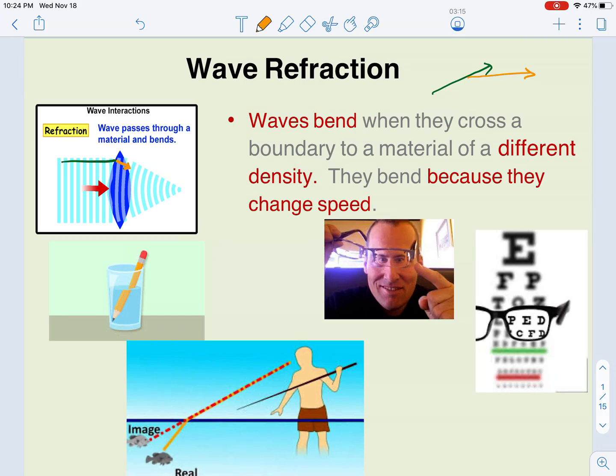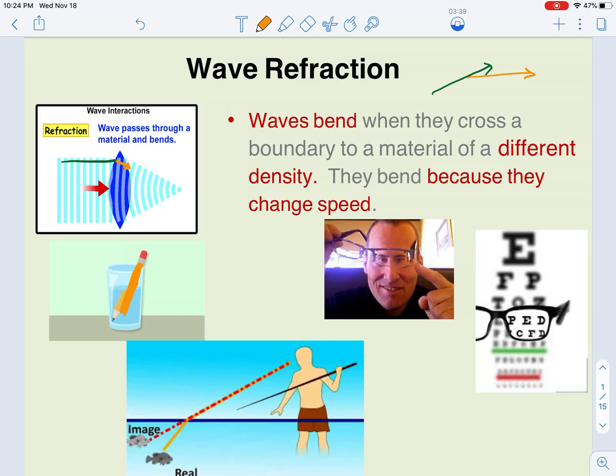This is not some sort of weird pencil, it's a regular pencil. What happens in this situation is the light is traveling in two different materials. So the way that we see the light is going to be different when we see the light passing through air compared to the light as it passes through the water.